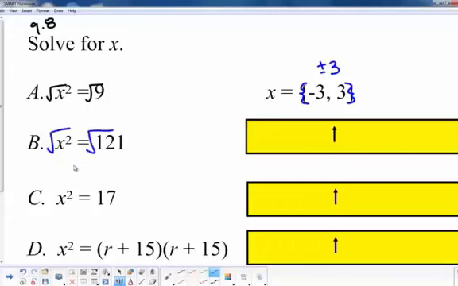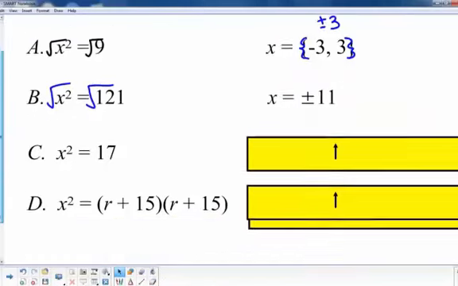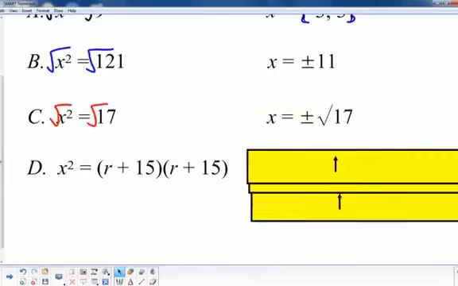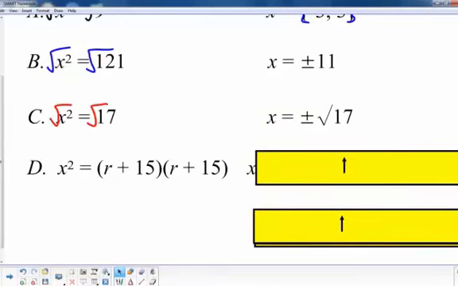Square root both of these for the next one, you're going to get positive or negative 11. Square root both sides, you're going to get positive or negative square root of 17. And for the last one, we actually need to solve this.